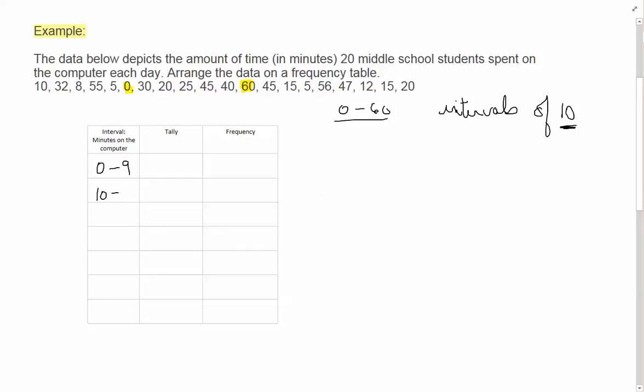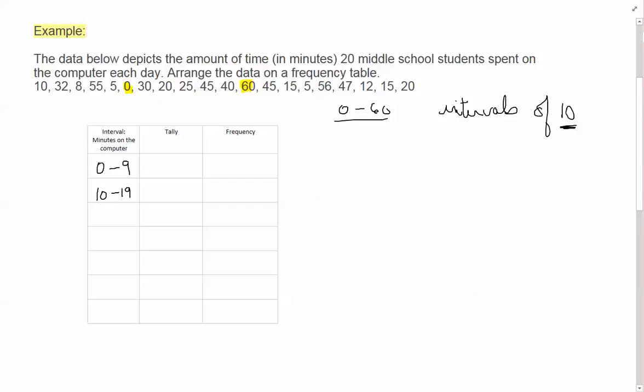And then 10 to 19. Notice we do it so that there's no question about where a data point belongs. If you go from 0 to 10 and then from 10 to 20, does a 10 go in the first interval or the second? So you always divide the intervals so that there's no ambiguity about placement.